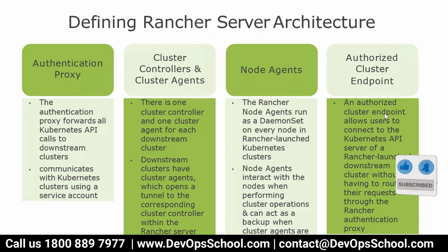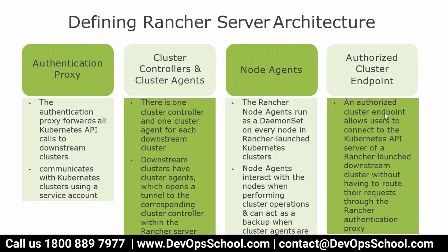So here, defining the Rancher server architecture: we have the authentication proxy, the cluster controllers and cluster agent, then a node agent, and then authorized cluster endpoints. So what is the authentication proxy? The authentication proxy forwards all Kubernetes API calls to the downstream cluster.